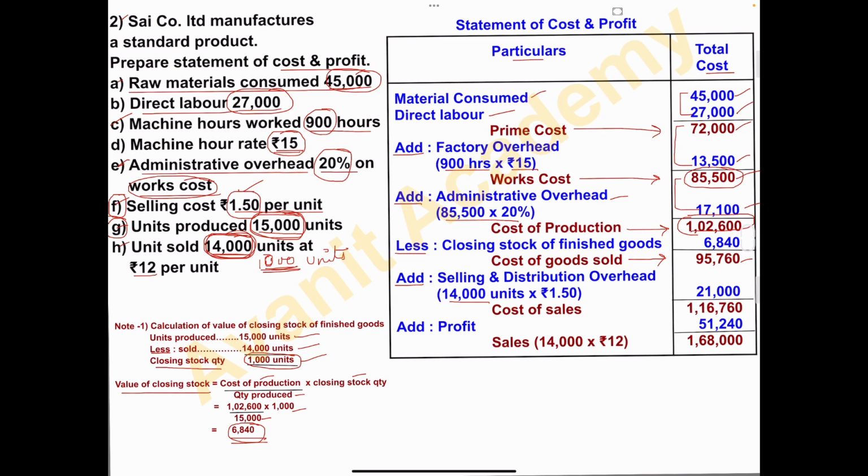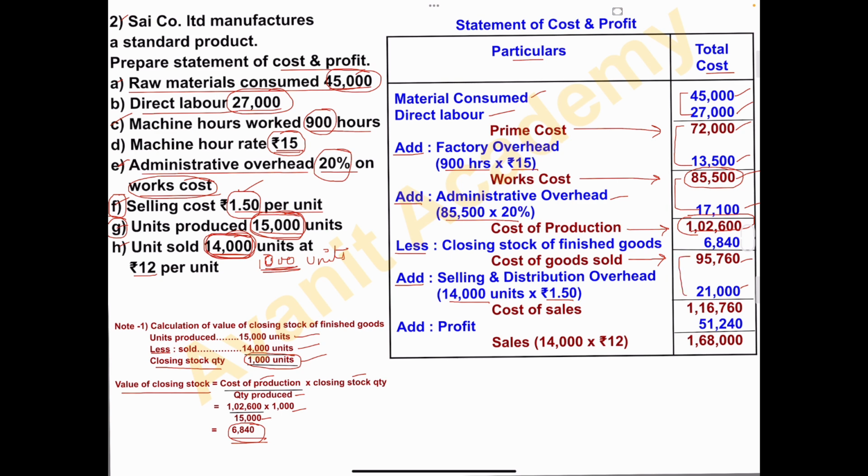On the units sold we calculate this overhead: 14,000 into rate per unit, the selling cost per unit of rupees 1.50. Multiply 14,000 into 1.50 and the amount is 21,000. So the total selling and distribution overhead on these 14,000 units is 21,000.